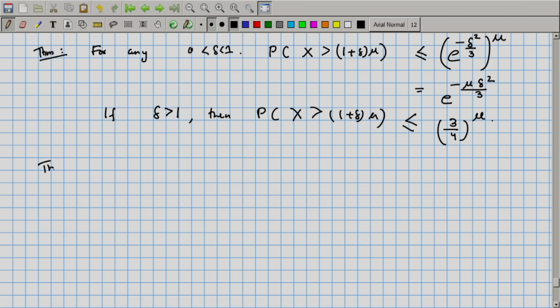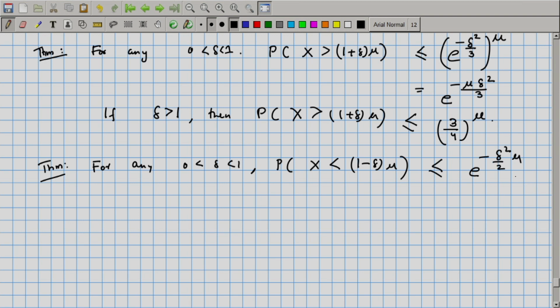We can also derive a similar bound for any delta between 0 and 1: the probability that x is less than 1 minus delta times mu. This we can show is less than or equal to e raised to minus delta square by 2 times mu.